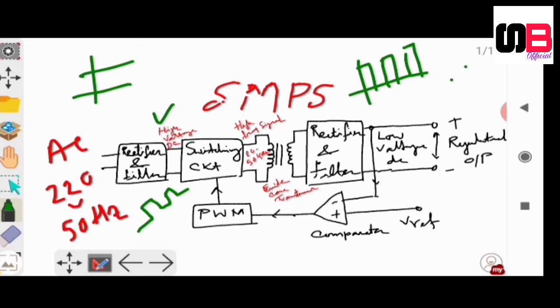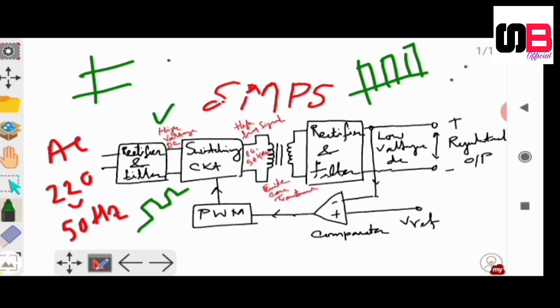Now, if we change the load, in case of SMPS, the output is always fixed. Suppose we decrease the load in the output circuit, then the output voltage will increase. Definitely, it will increase the error voltage too.